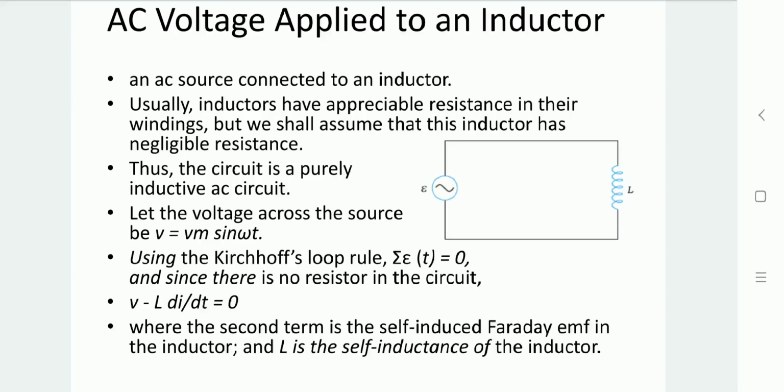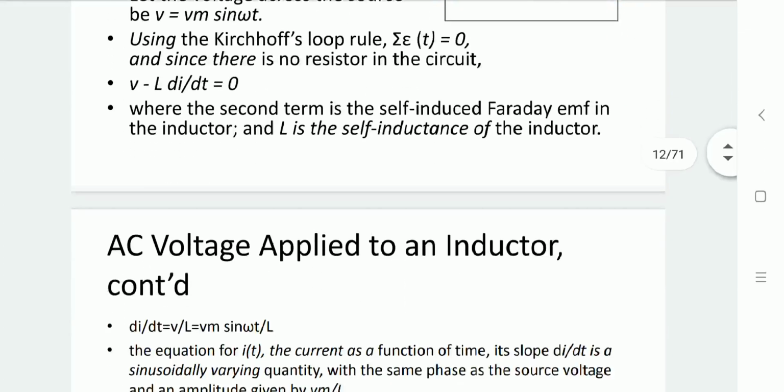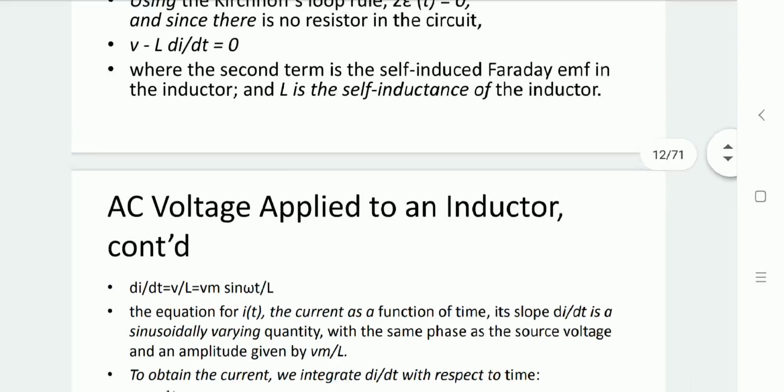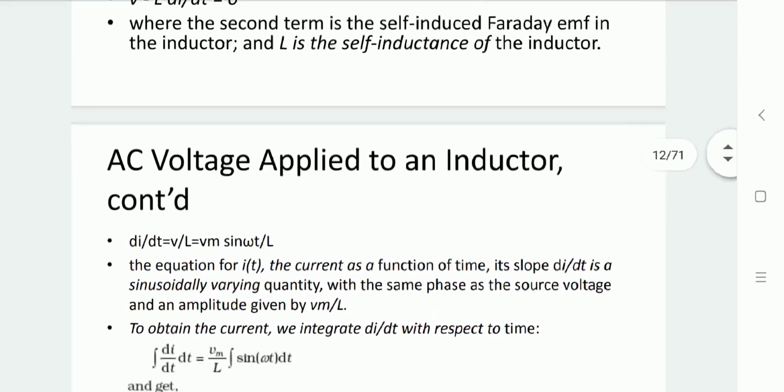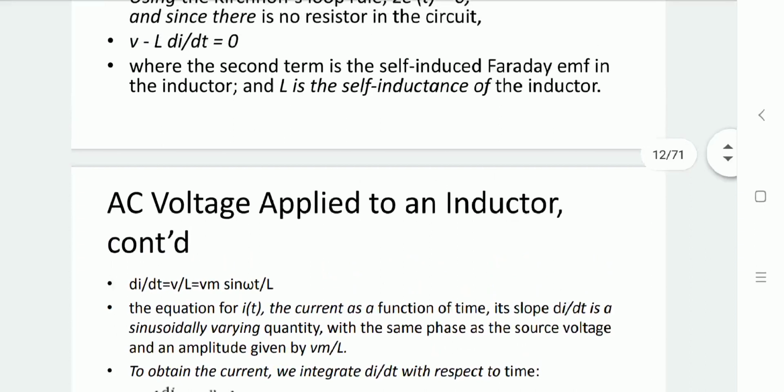The same equation we are going to use directly. So that equation becomes di by dt equals V by L. V is represented in terms of Vm sin omega t, so it would be Vm sin omega t by L.